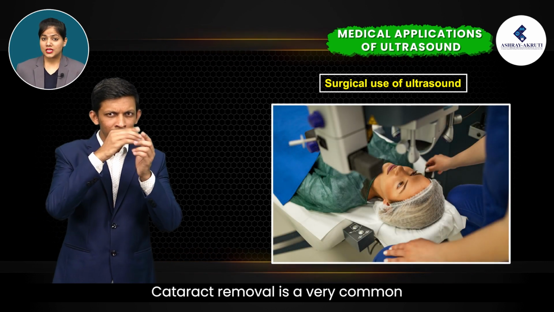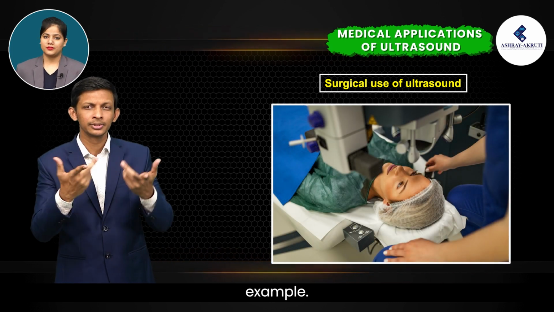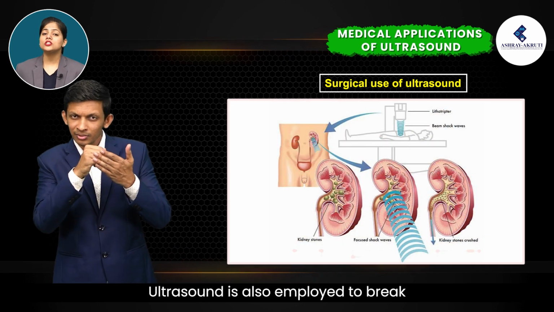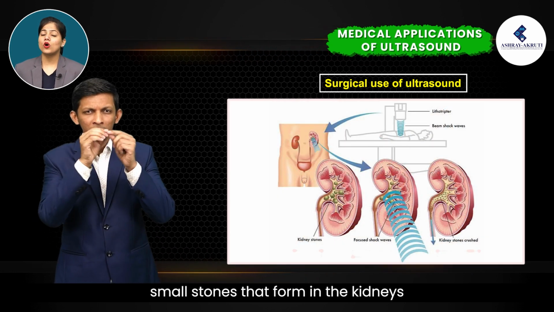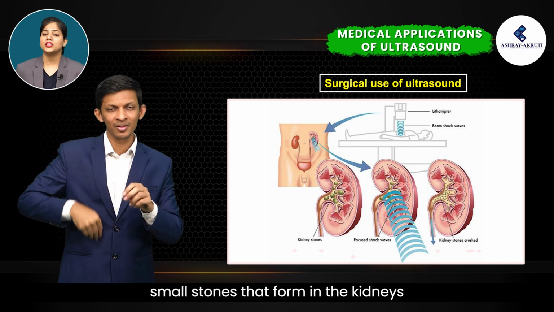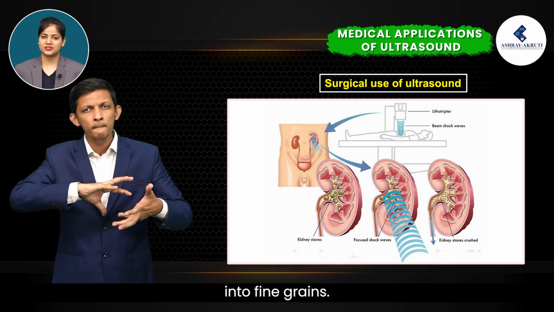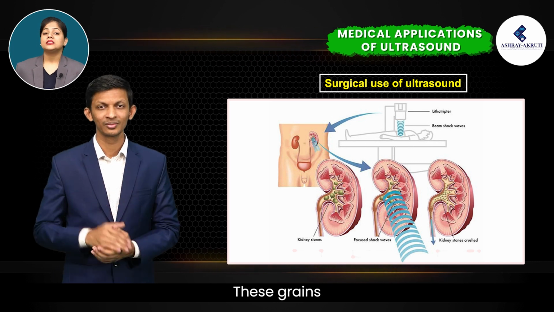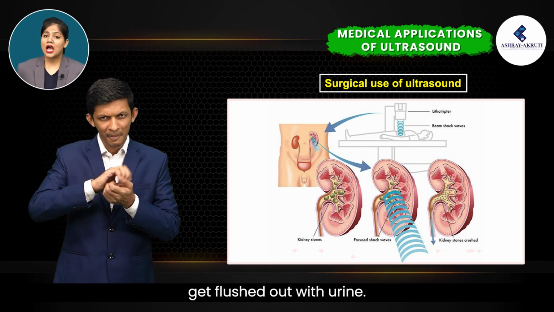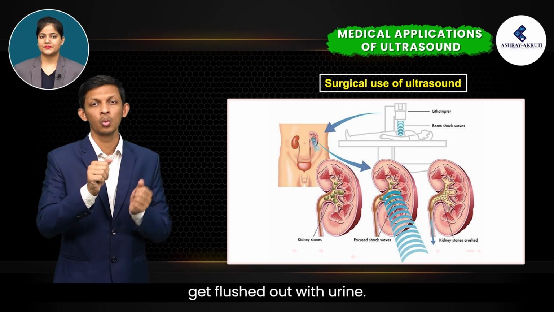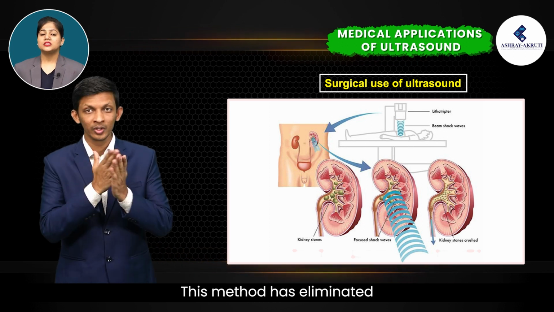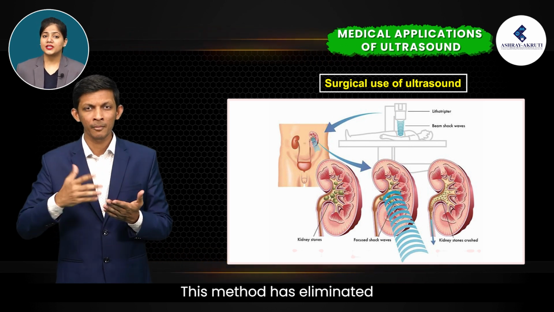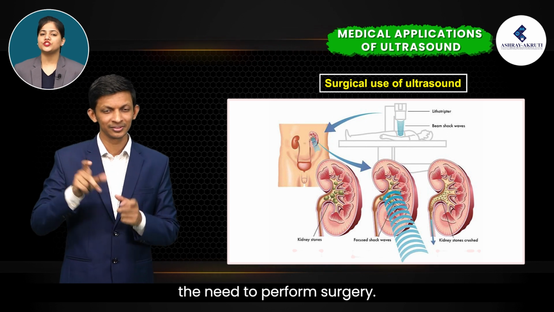Cataract removal is a very common example. Ultrasound is also employed to break small stones that form in the kidneys into fine grains. These grains get flushed out with urine. This method has eliminated the need to perform surgery.